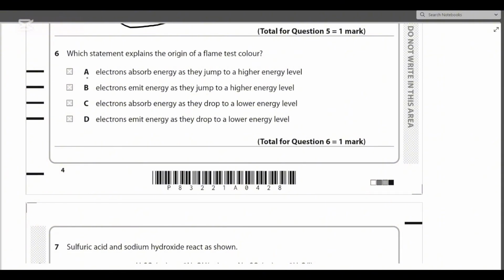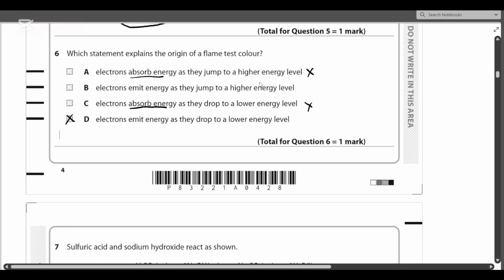In A and C, electrons absorb the energy, which is not correct, so A and C are irrelevant. That leaves B and D. In B, electrons emit energy as they jump to a higher energy level. That is not correct, because electrons emit energy when they return from the higher energy level to their ground state, or the lower energy level from which they initially jumped. So D is our correct answer.